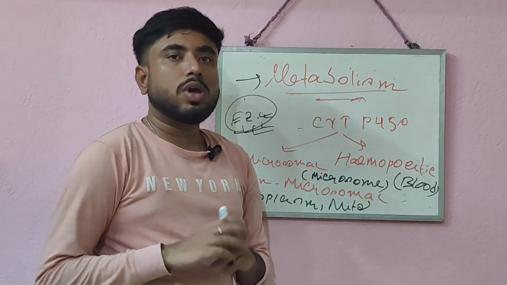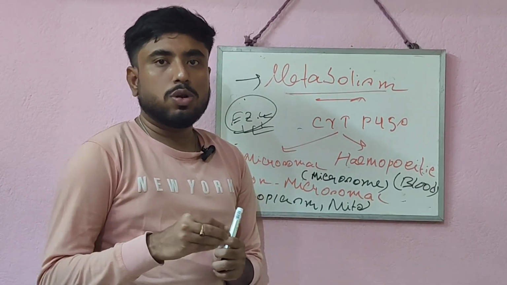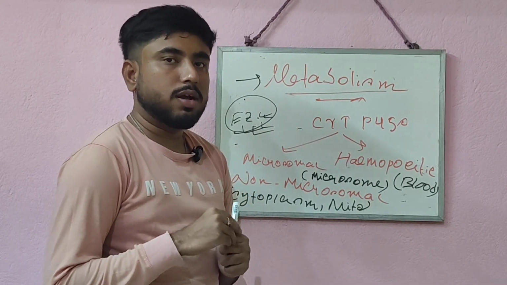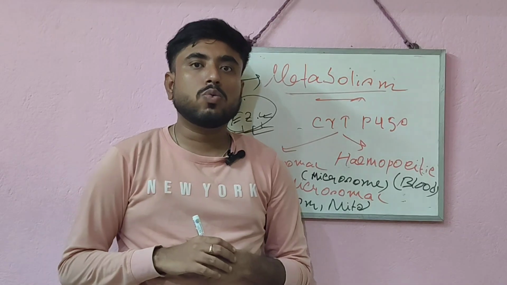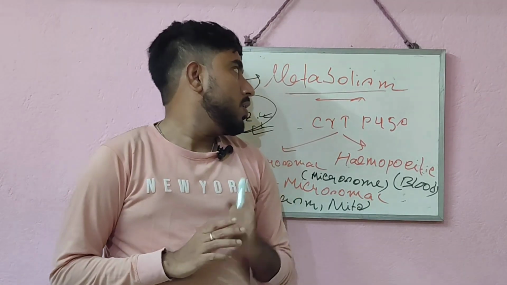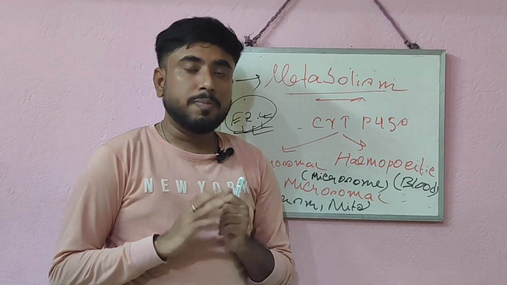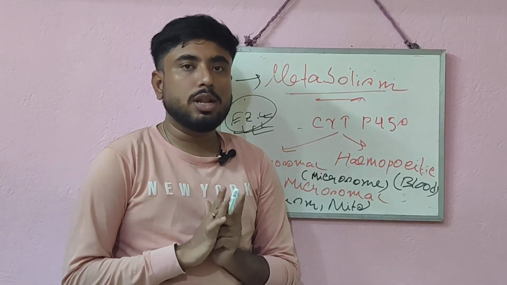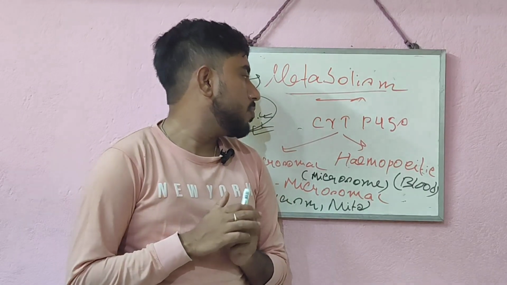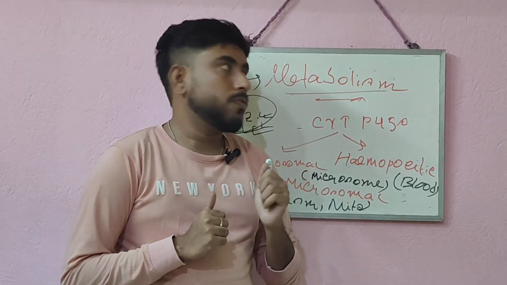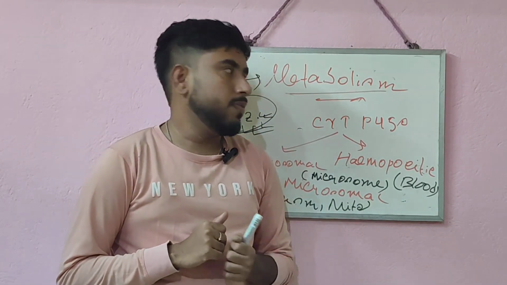So I am thinking to explain all those phases in different videos slowly so that you can understand them very easily. In the next video we are going to explain the different phases by which the drug is metabolized in our body, and especially in part 2 we will discuss only phase 1, and in the part 3 video I will explain phase 2, the last phase of the metabolism process.